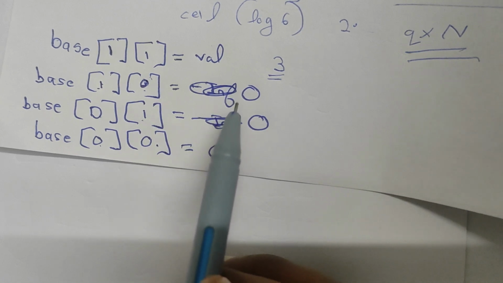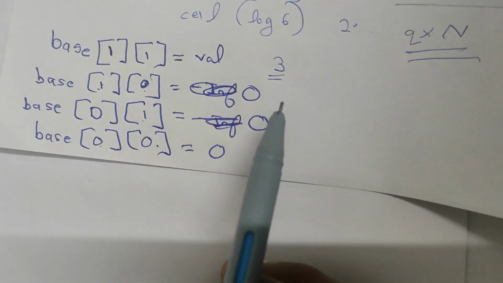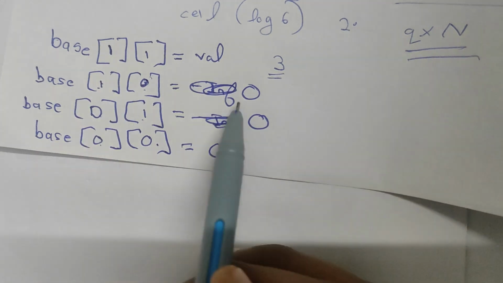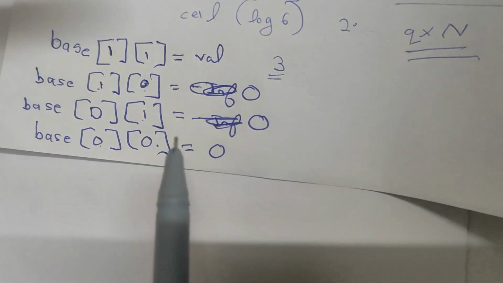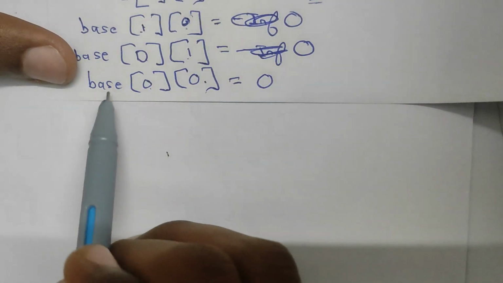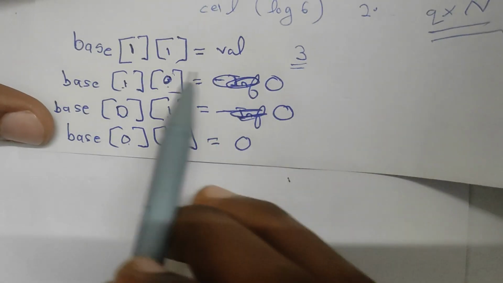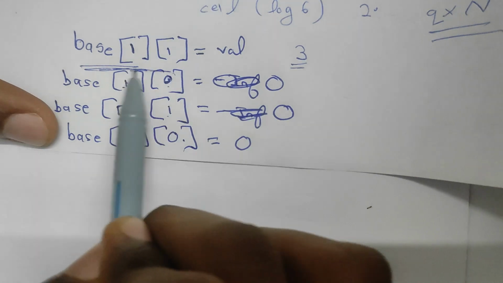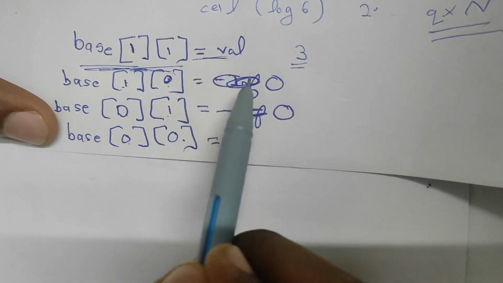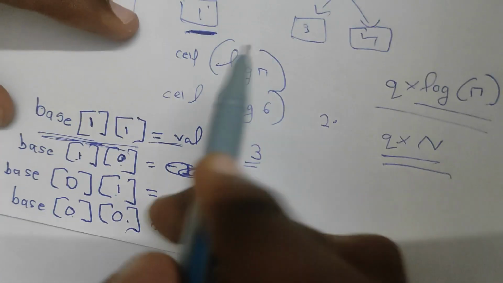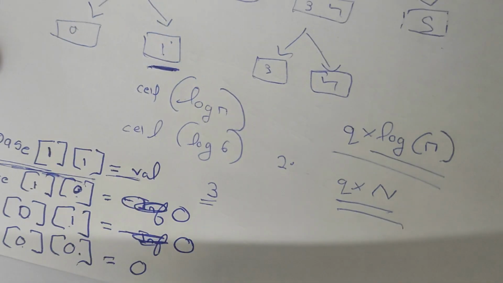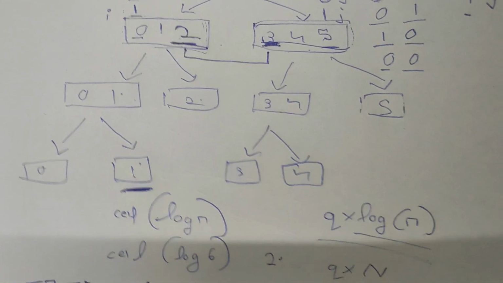So they're giving us two contradicting commands, so we are leaving it as 0. And for base 0 0, they are clearly specifying us to not take it, so we are leaving it as 0. So only for the base 1 1 condition, we are giving it the value of that particular node. So this is how we compute the segment tree.